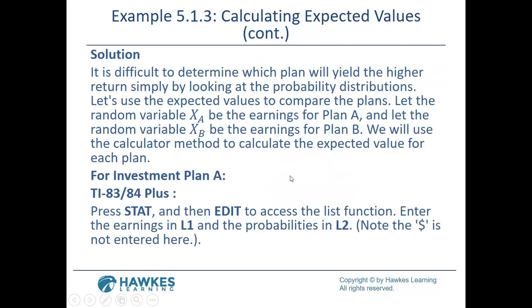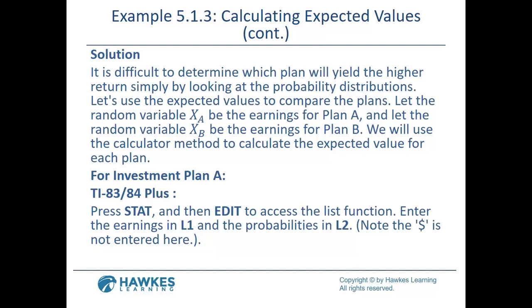So basically what we're going to do is we're going to determine which plan gives us a higher return, which one gives us more money back or expects to give us more money back by looking at the expected values of each one. So because I technically have two different probability distributions, I'm going to say for plan A, we're going to use X sub A, and for plan B, we're going to use X sub B. Now, we're going to use a calculator method for this.